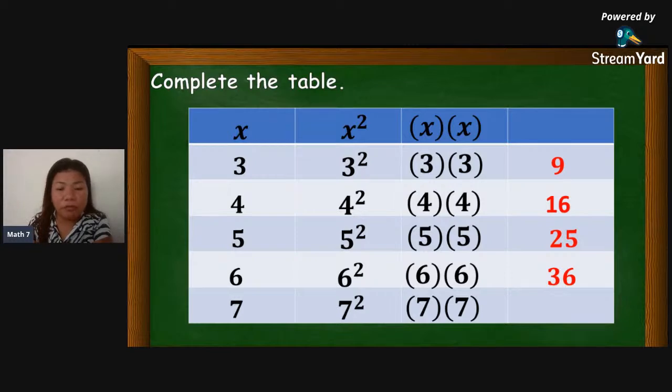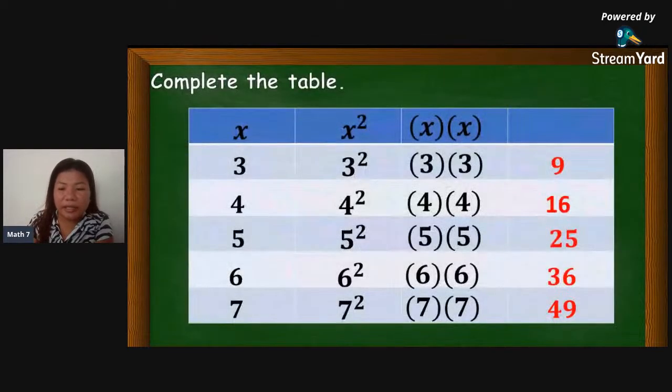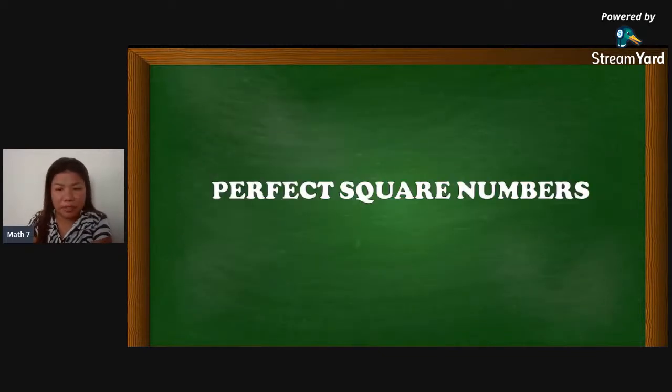And the product of this is, ang bilis, 49. Okay? Yung mga naka-red, tinatawag nating perfect square numbers. Ulitin ko ha. Yung mga naka-red dito, yung 9, 16, 25, 36, 49 ay tinatawag na perfect square numbers.